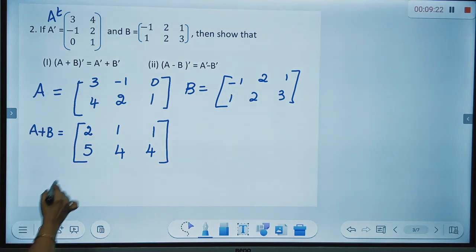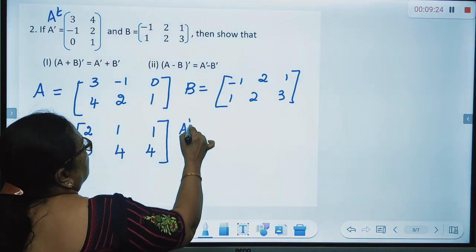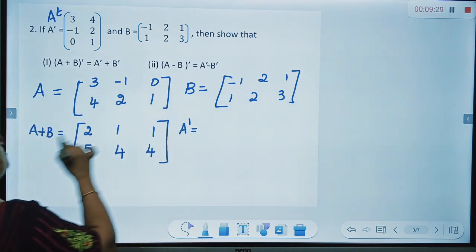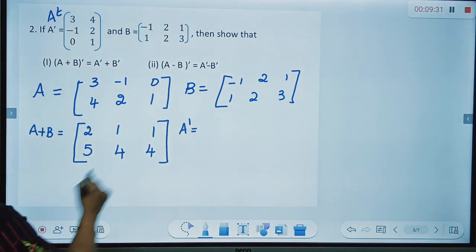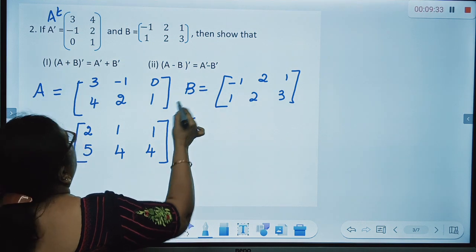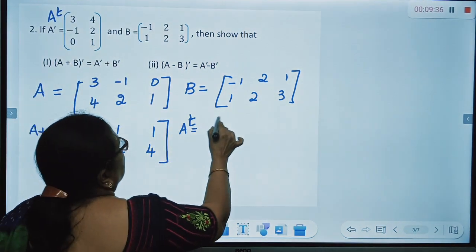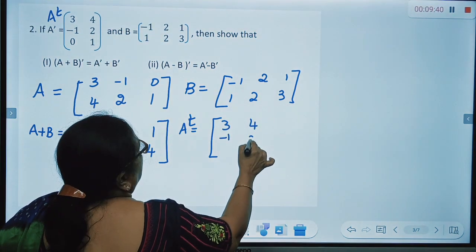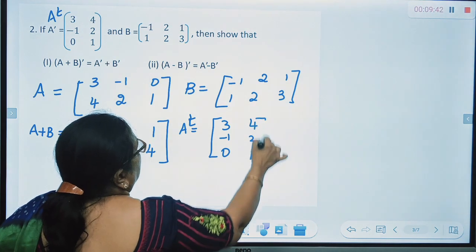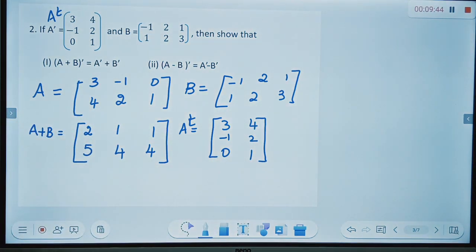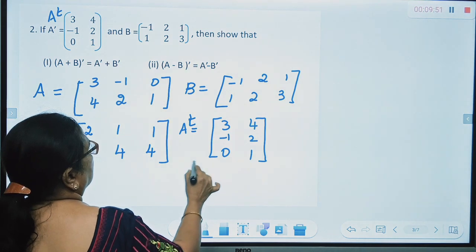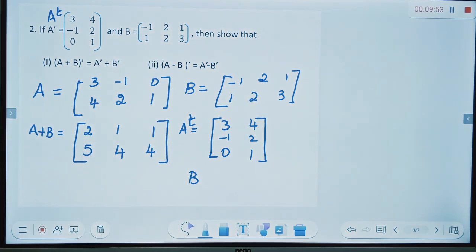Okay. Now, A dash equal to, what will be A dash? Transpose of A, right? A transpose is what is given. Now, what is B transpose? See, A transpose is given.